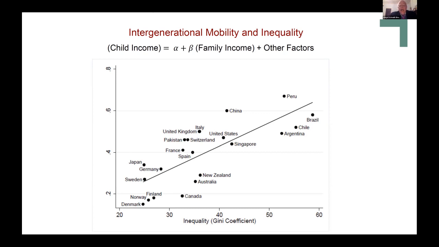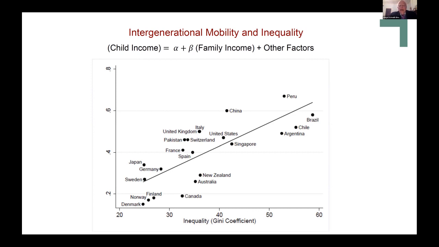Now, beta is sometimes called the intergenerational elasticity. That's if we use log income of child and the family. So it's an elasticity. And it gives us a relationship between family circumstance, in this case income, and child outcome, which in this case is income.